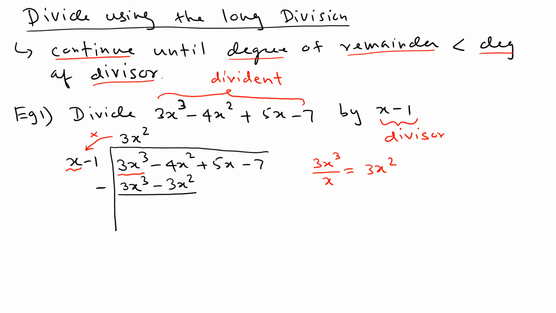Subtract means we again use a mental calculation, but I'm going to show you what exactly happened here. You want to subtract 3x cubed minus 4x squared with 3x cubed minus 3x squared. Instead of subtraction, we're going to do it a different way.